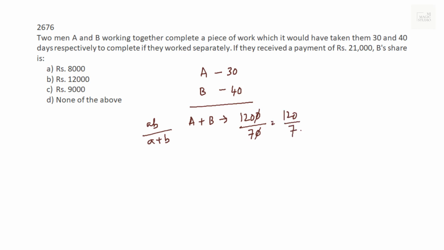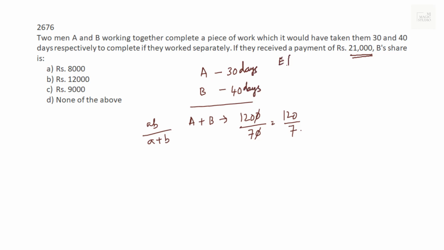Good. If they received a payment of 21,000, what is B's share? In this sum, how much time they are taking together to complete the work is also not required. Money would be shared in the ratio of their efficiency. As simple as that. Who is more efficient, A or B? This is the time taken ratio.